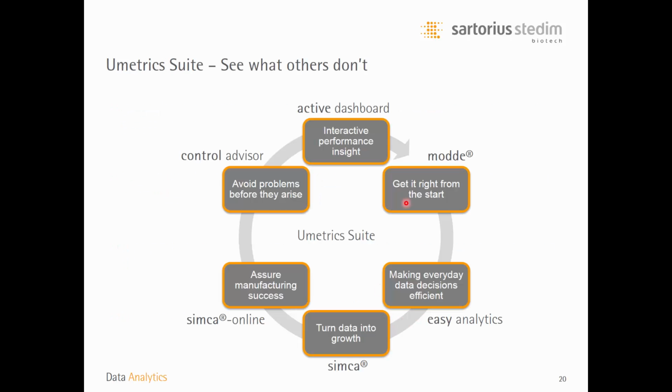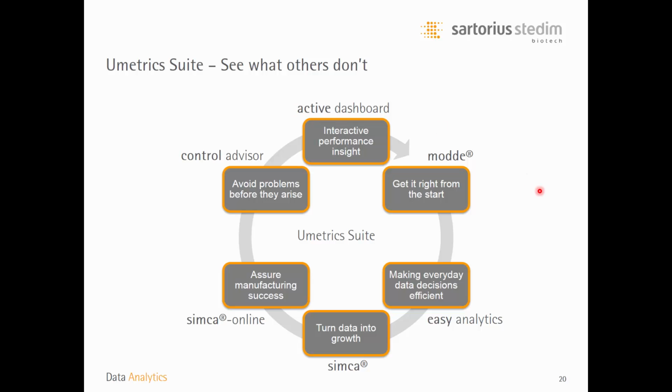Trying to summarize, we can say that one of the characteristic properties of the Umetrics Suite is that it will help you to see what others don't. And as I mentioned in the introductory comments, the Umetrics Suite comprises 6 software components: the MODDE software, the Easy Analytics software, SIMCA Offline, the flagship, SIMCA Online, Control Advisor, and the Active Dashboard.